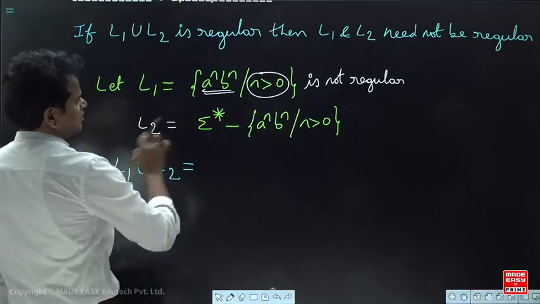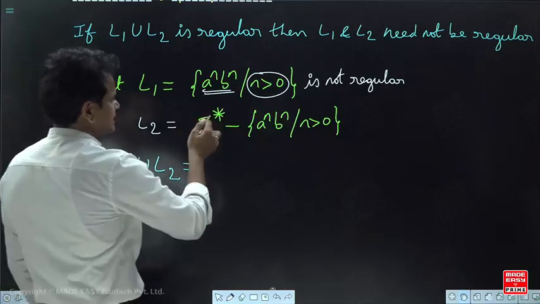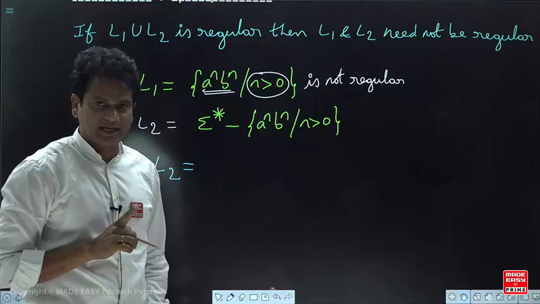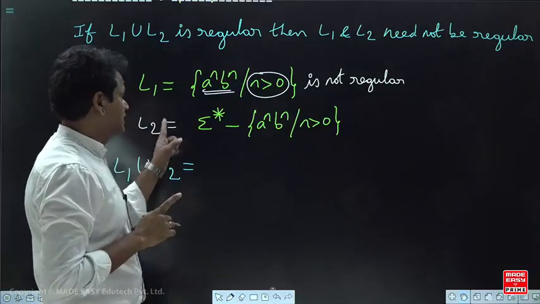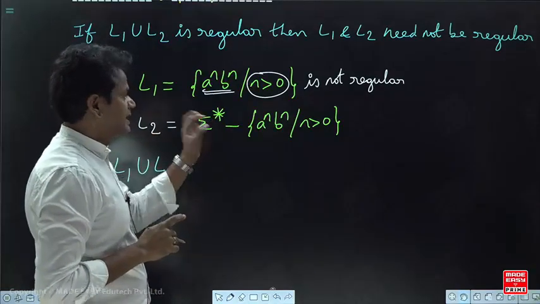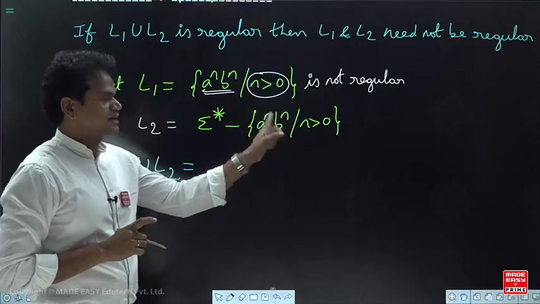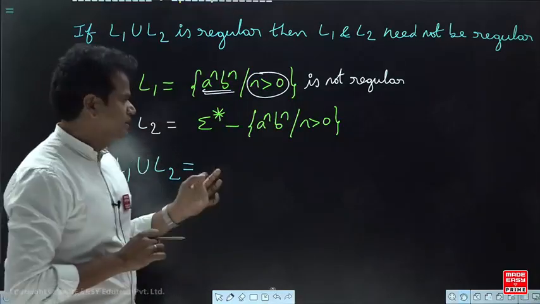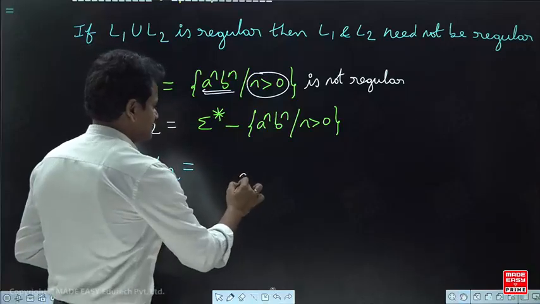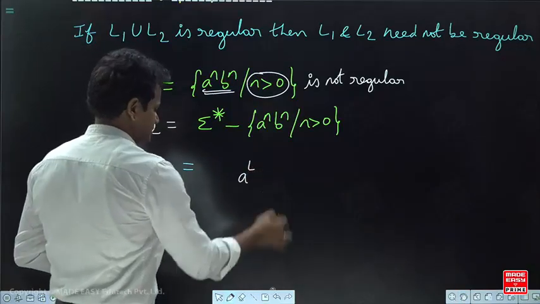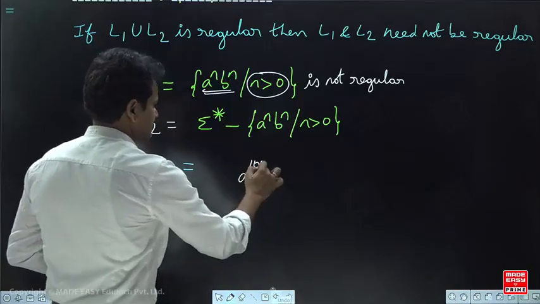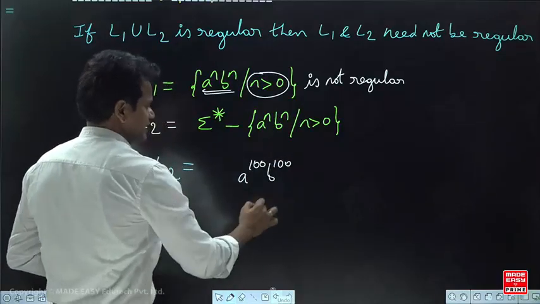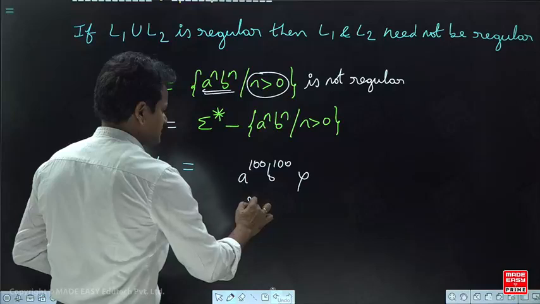And L2, its complement is what? Its complement will have every combination of A and B, except those strings that are in the form of A power n, B power n. So whenever I give a string like this, should I accept it? No, don't accept because it is invalid. Should I accept this string?